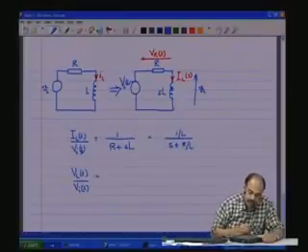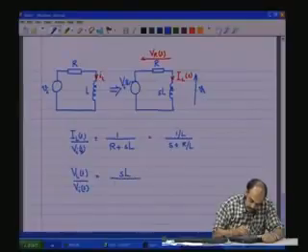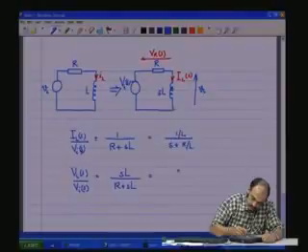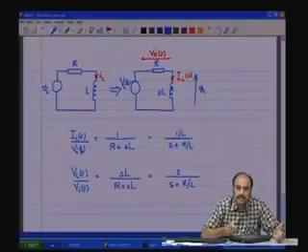That is equal to S L divided by R plus S L, which is equal to S divided by S plus R by L. You see, this is 1 by time constant, just similar to the capacitor circuit's 1 by RC.